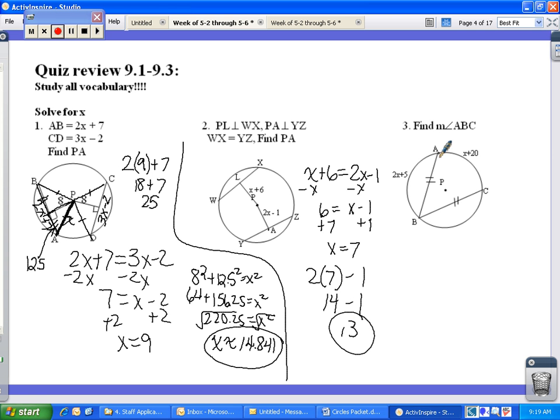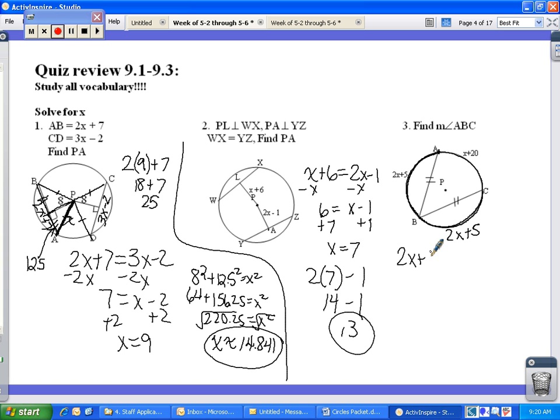And number 3, based on the theorem that two chord segments are congruent, see, chords are congruent, so two arcs of congruent chords are congruent. So I know that this is 2x plus 5, which means that this arc plus this arc plus this arc add up to 360.